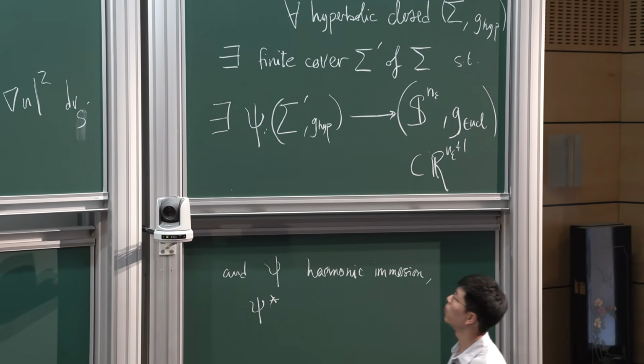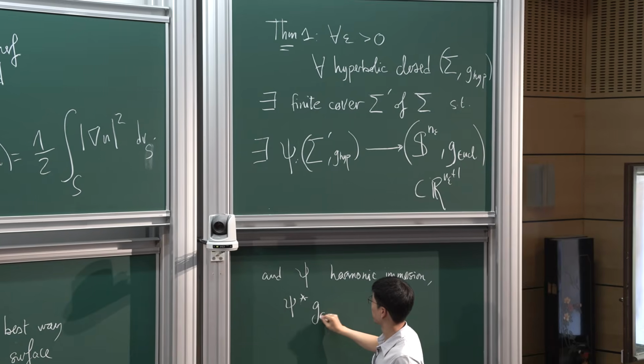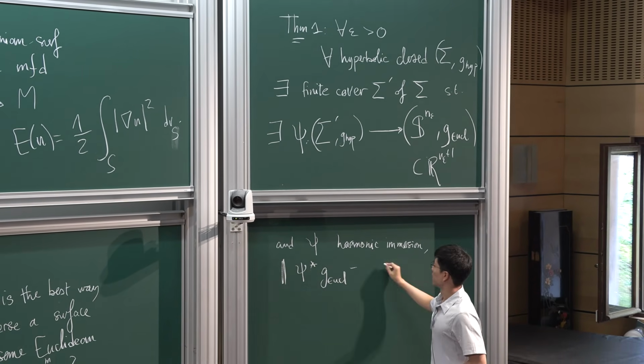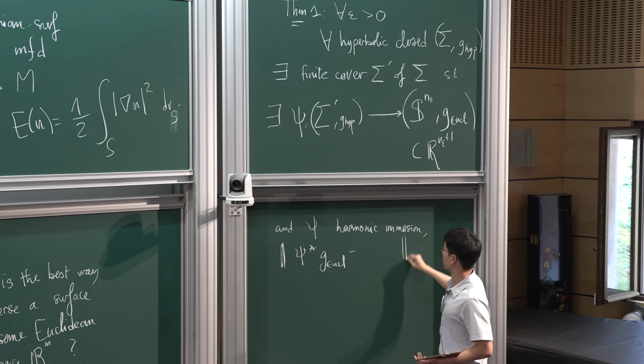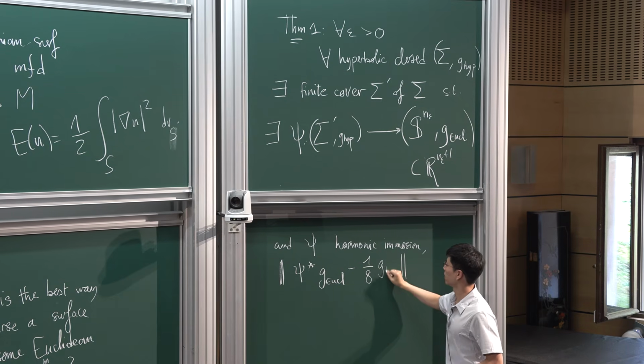And if you look at the pullback metric of this smooth map, it's going to be very close to a rescaling of the hyperbolic metric.